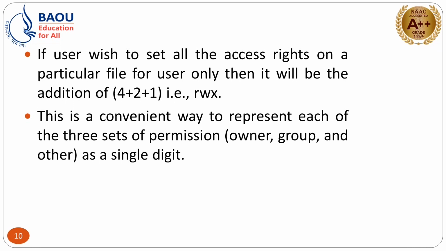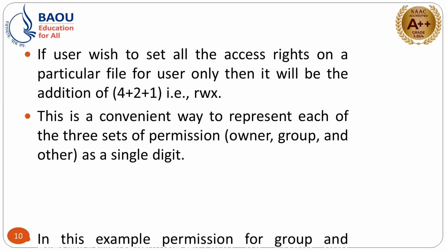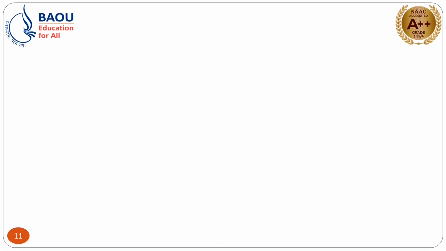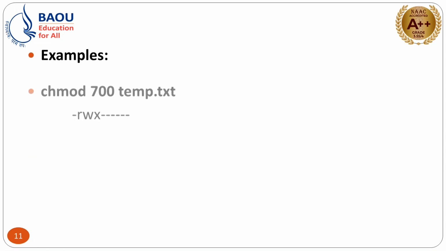Now 7 in octal, what is the binary equivalent of 7? So 111. That means you want to assign read permission, write permission, and execute permission. In that case, you can use this digit, 7, and binary equivalent 111, right? So you can see examples here.